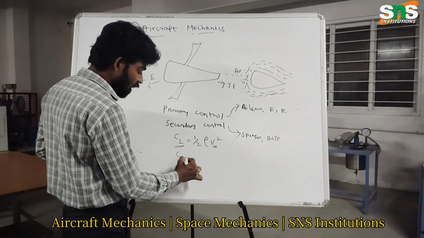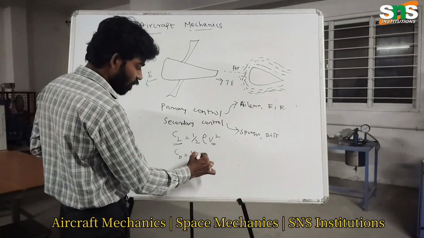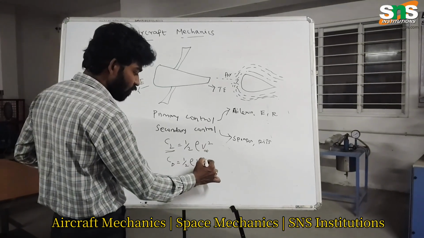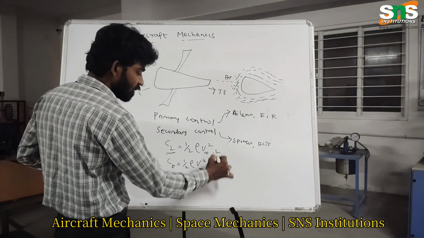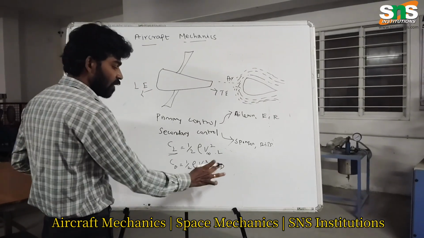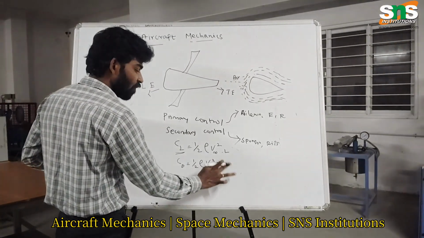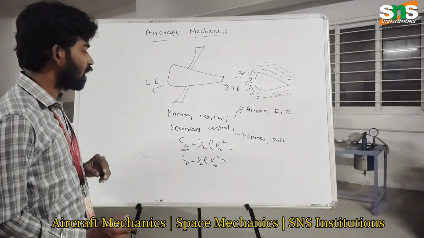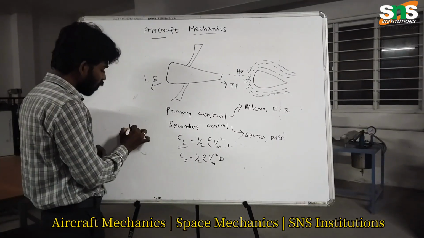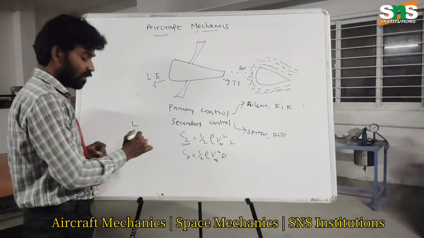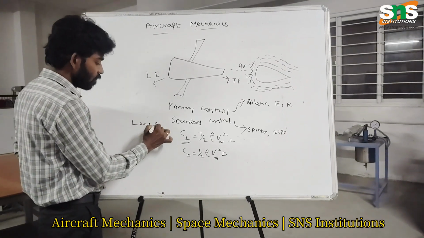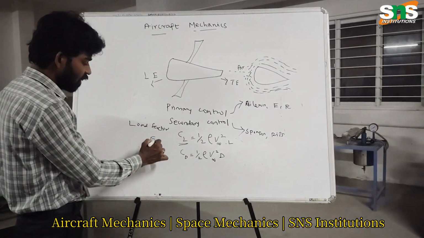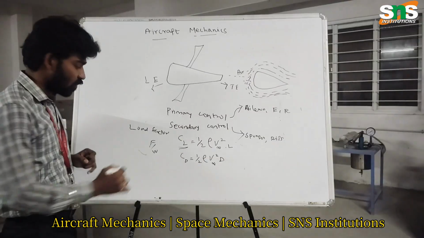The coefficient of drag is likewise D over half rho V infinity squared. This is L and this is D. From the coefficient of lift and drag we know the load factor. Load factor is F by W.